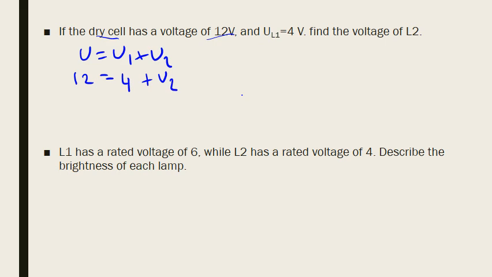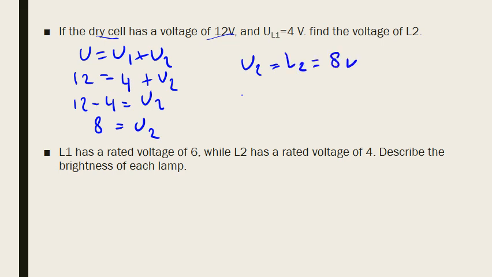So we just rearrange the equation. 12 minus 4 equals U2, which is 8 equals U2. So U2, which is lamp 2, has 8 volts.